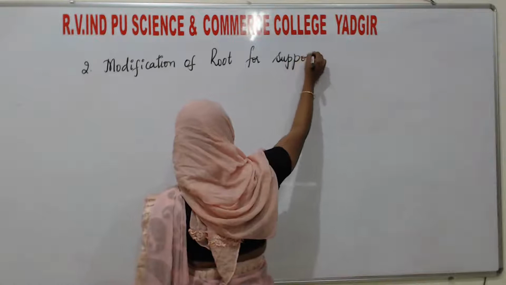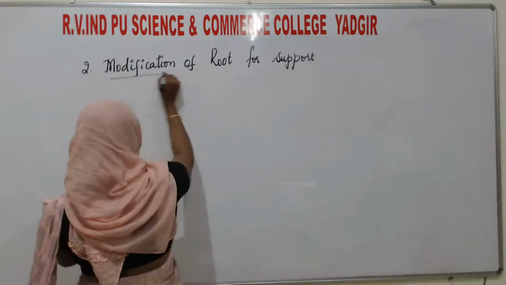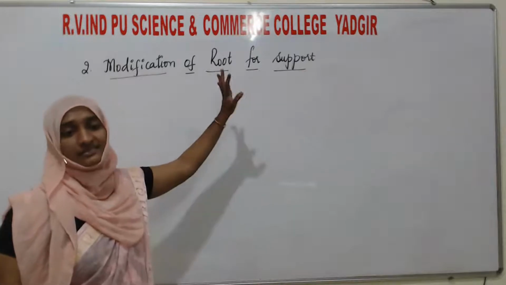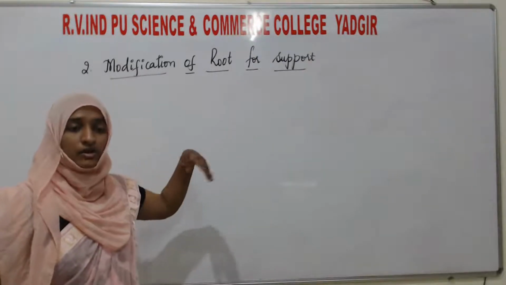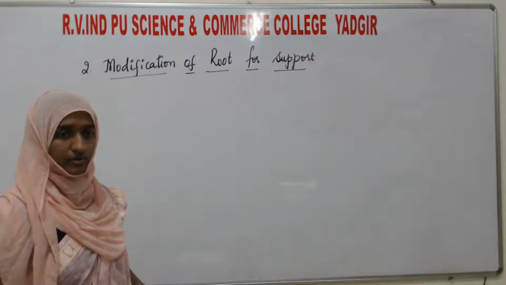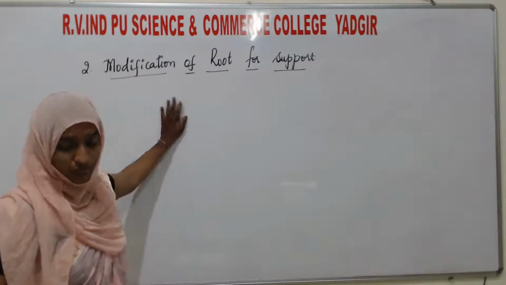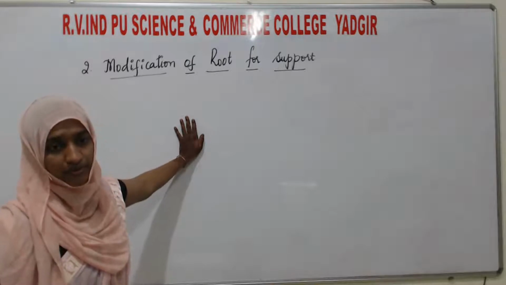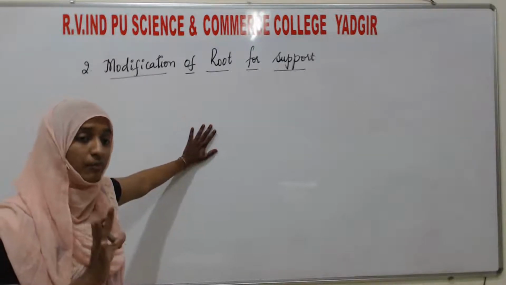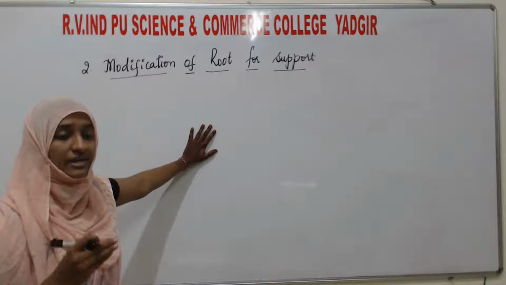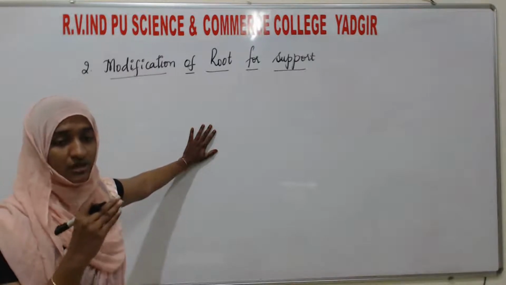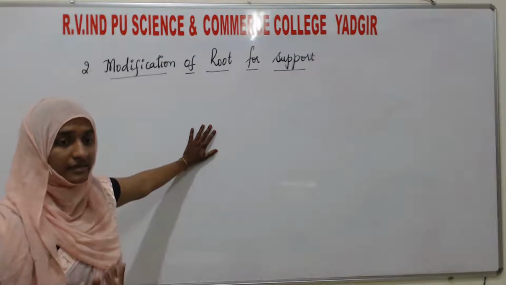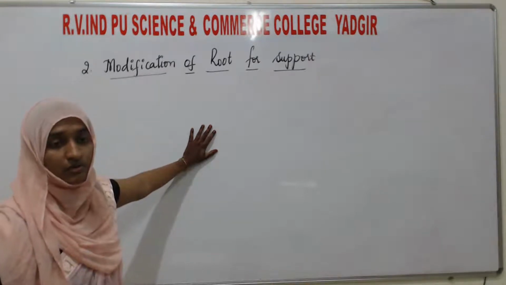Support is also one of the functions of the root, and that is modified into the root. That is a modification of root for support. In this type, the root provides mechanical support to the plant for its growth and better development, so those roots are also modified.